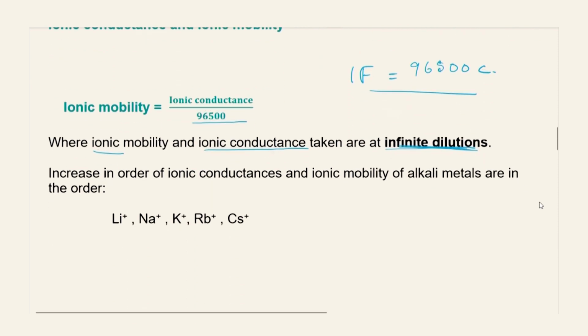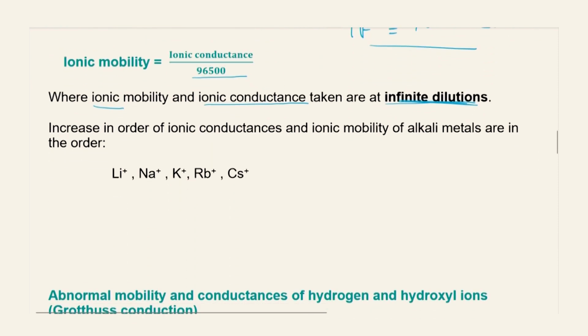Okay. Now, let us see what the ionic conductances are for alkali metals. We know that among the alkali metals, lithium is the smallest one: lithium, sodium, potassium, rubidium and cesium as we come down the periodic table. So, this is the first group, the alkali metals.